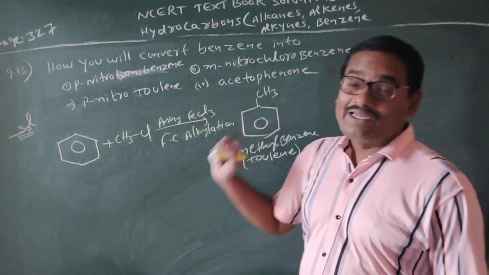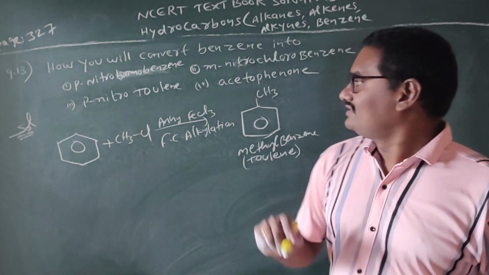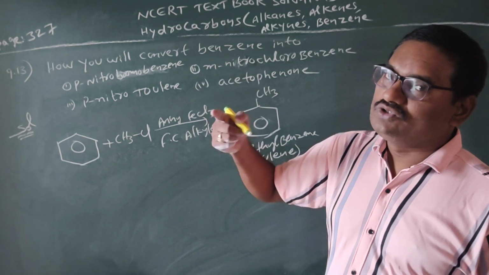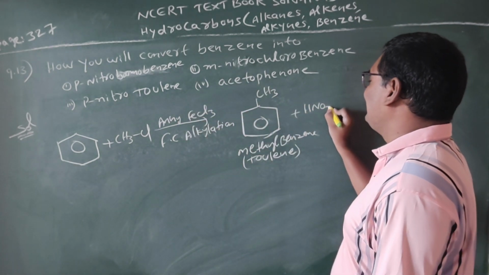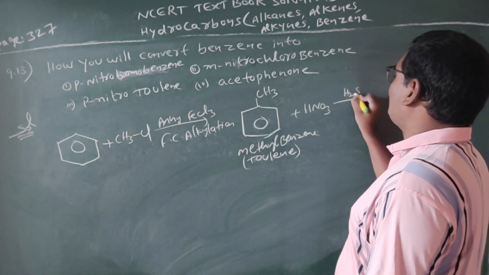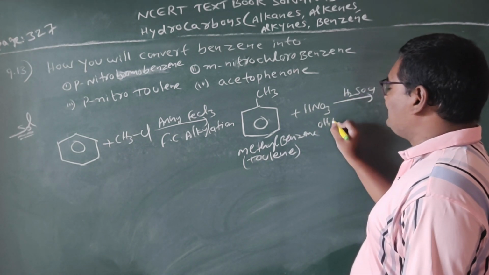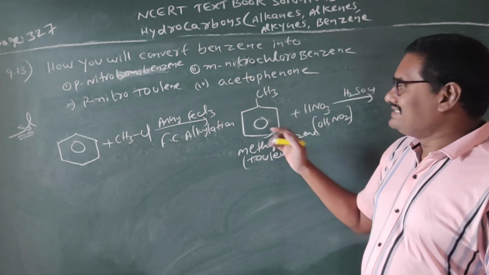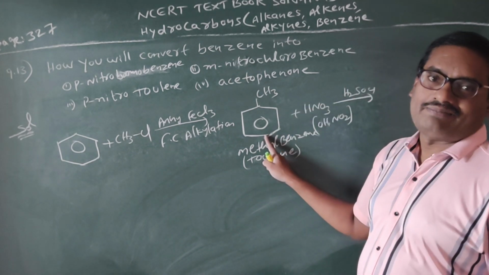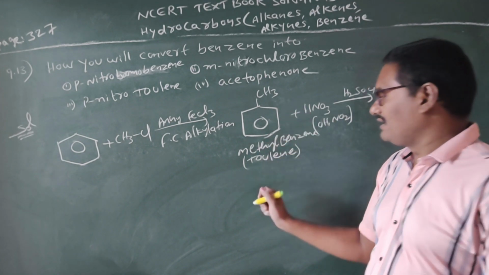The methyl group is ortho-para directing. So we react it with the nitration mixture, HNO3 plus H2SO4. HNO3 is divided into OH and NO2. The NO2 group enters the ortho place and the para place.